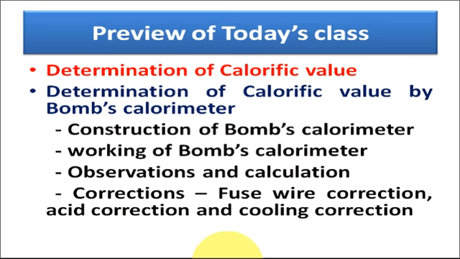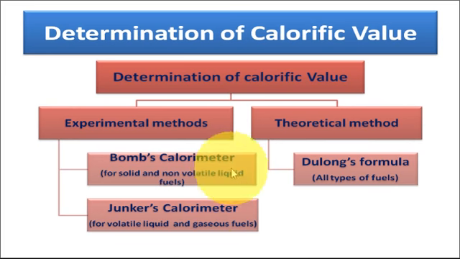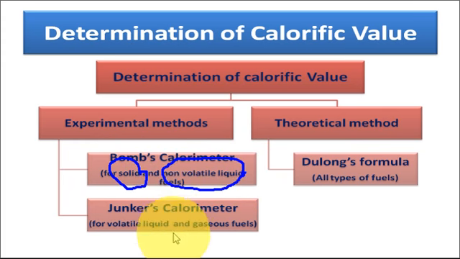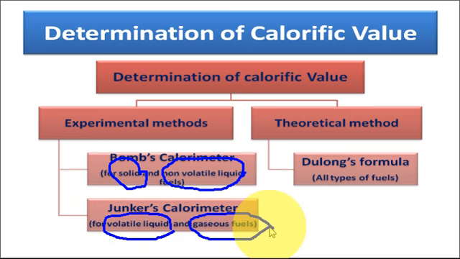It is very clear now that Bohm's calorimeter is specifically used for solid fuels and non-volatile liquid fuels, while the Junkers calorimeter is used for volatile liquid fuels or gaseous fuels.